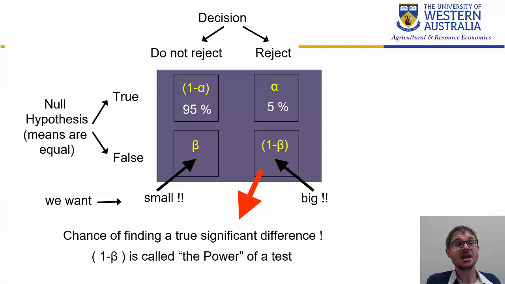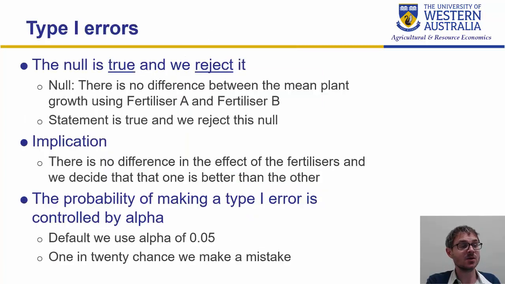So let's get a little bit of clarity in the language that we use here. So type 1 errors are when the null is true and we reject the null. So we'll be saying the null, there is no difference between mean plant growth, and this statement is true. So the null is true, there is no difference, and we would incorrectly conclude that there is a difference. So we'd be concluding that one fertilizer type is better than the other.